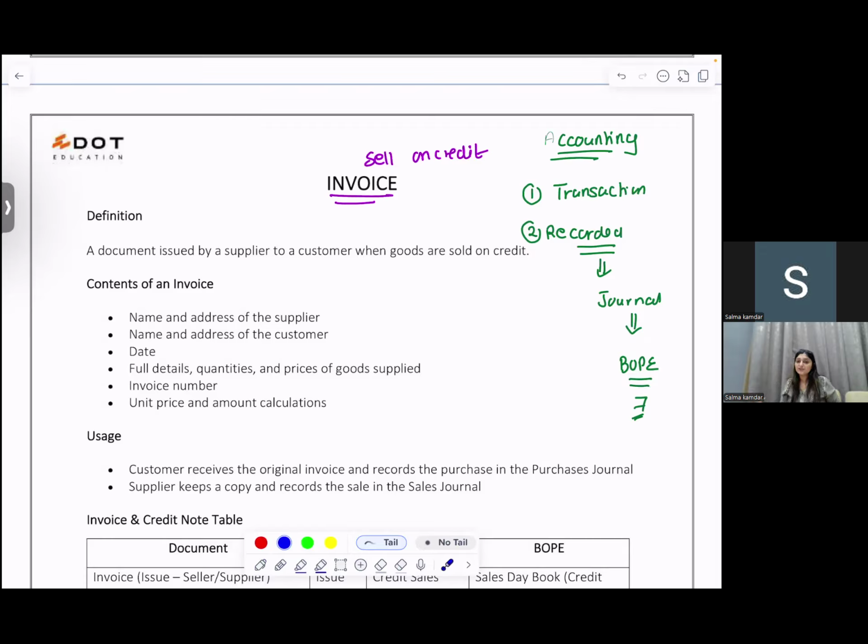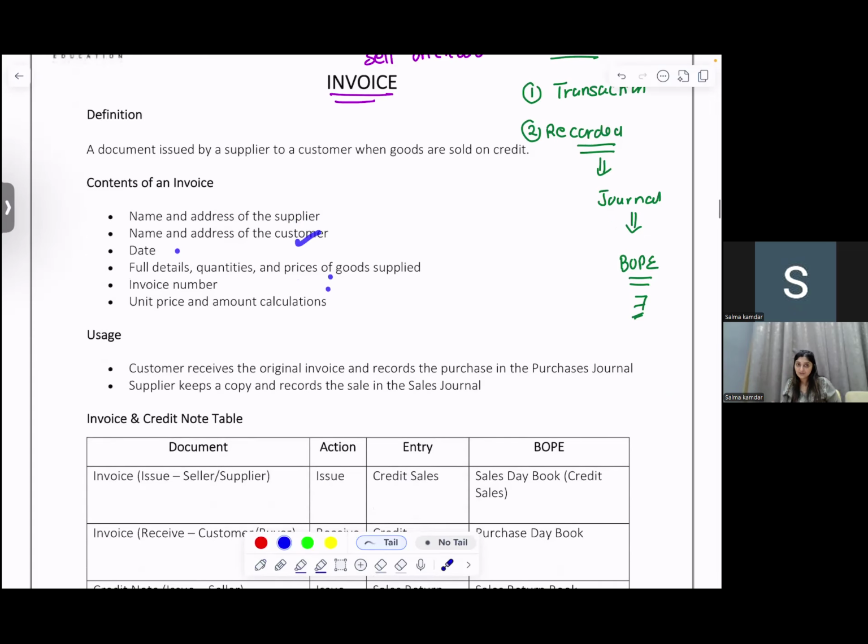What is the content of the invoice? The name of the supplier, that means me, the person who is selling, and the name of the customer to whom I am selling. It will have date, details, your invoice number, and calculations.